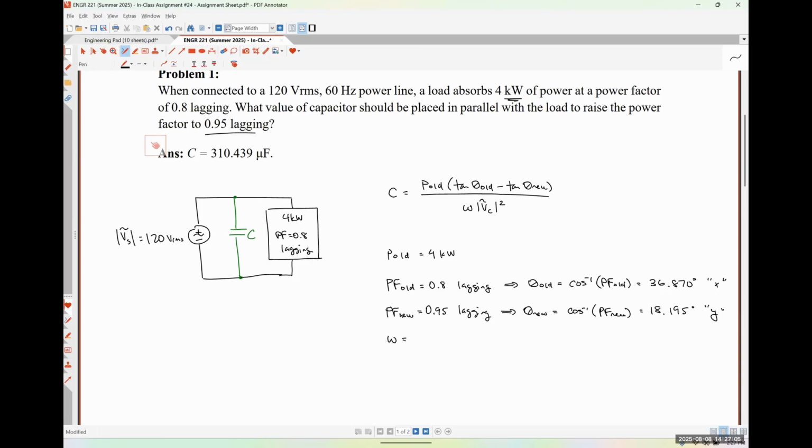Pi over 180. Nope, so that's just converting. So 60 hertz times pi over 180 is not going to be an angle. Trevor's right. Or actually, it's not 120 pi. So omega is just 2 pi f, right? Where f is our linear frequency. This is a relationship that we talked about when we had our review of sinusoids.